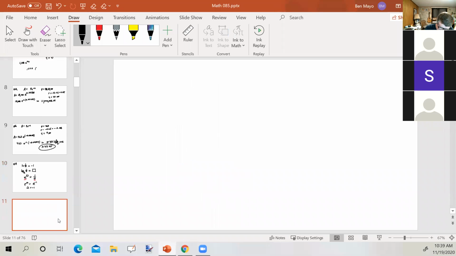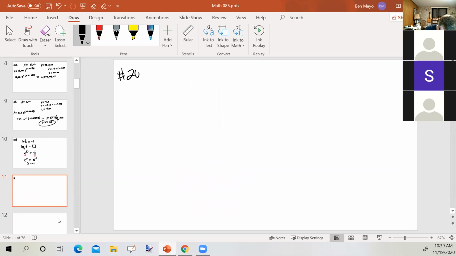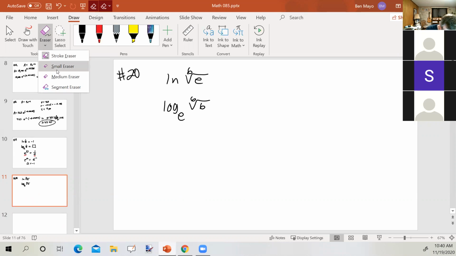All right, we're going to go on to number 20. Evaluate the expression without using a calculator, the natural log of the 6th root of e. So again, this is log base e of the 6th root of e. Whoops, that's supposed to be an e in there.